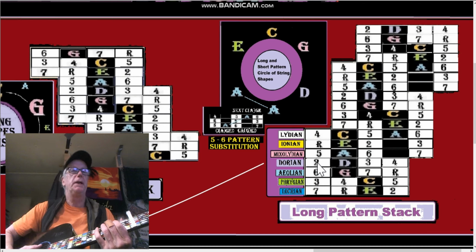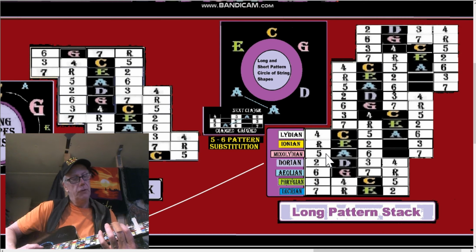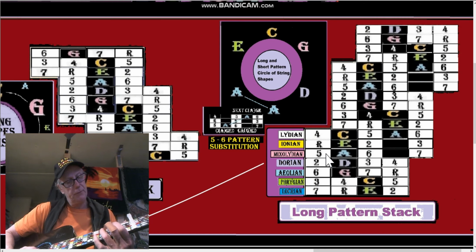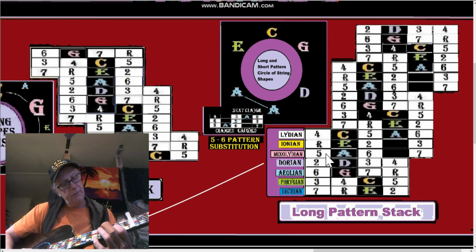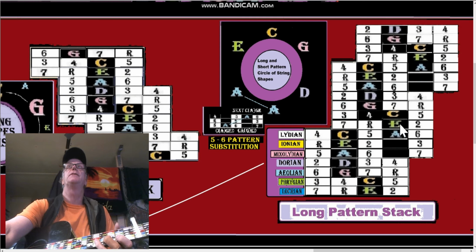But we got to go into the long pattern there because we're on the long pattern stack. So here's our Dorian, 2, 3, 4, and then we're going right into the long there. 2, 3, 4, 5, 6, 7, root, 2. Now we want to go 7, root, 2, because you had to warp up coming out of it with that 7, root, 2.